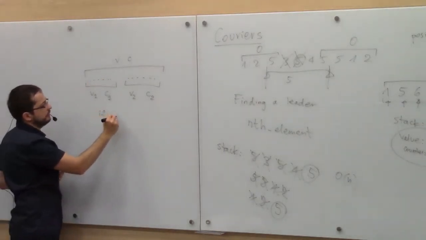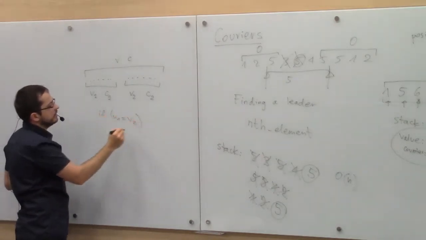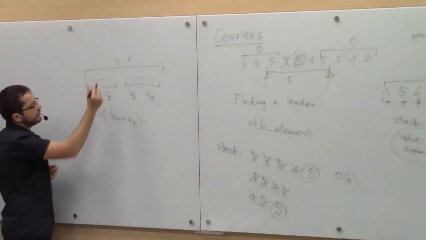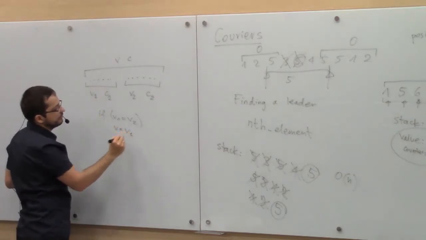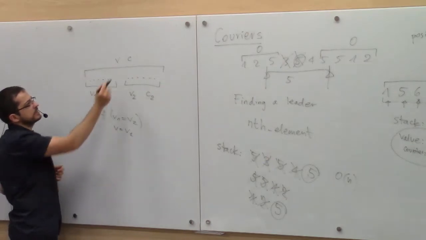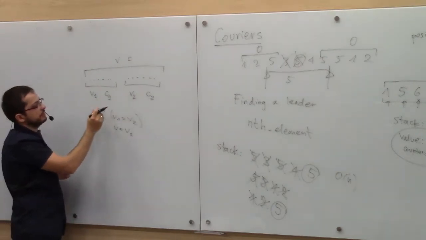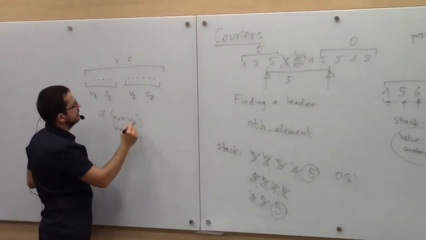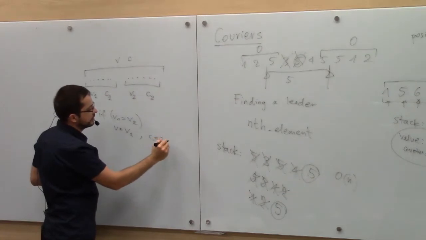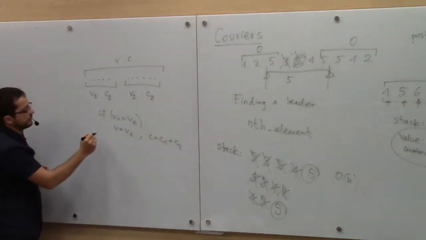So if V1 is equal to V2, then V is the candidate for the whole sequence, and what is the counter for this candidate? Yeah, it's the sum of occurrences for these parts. So C is C1 plus C2. Okay.